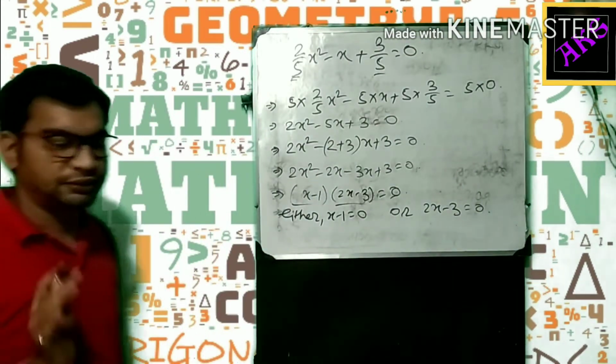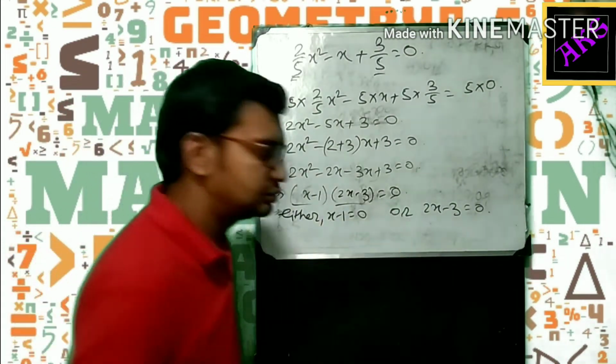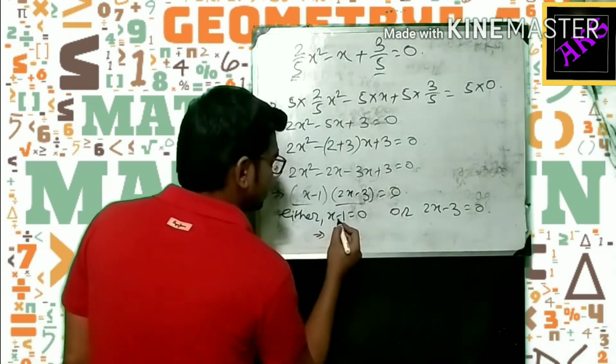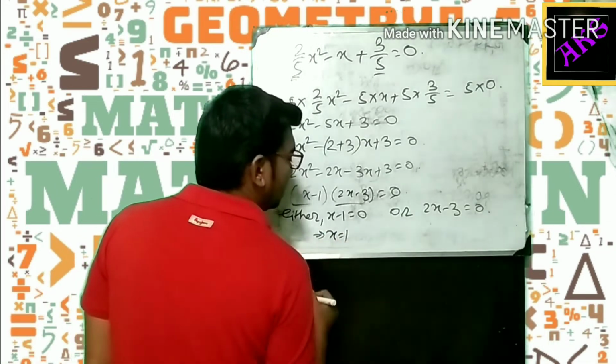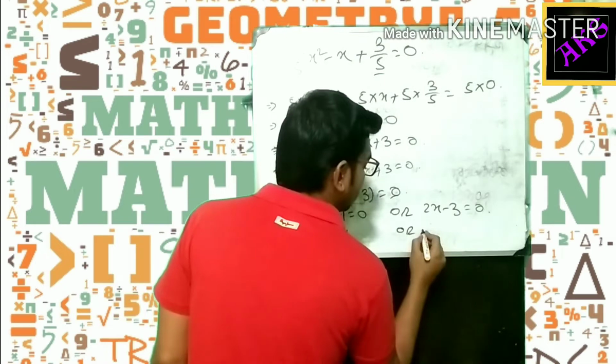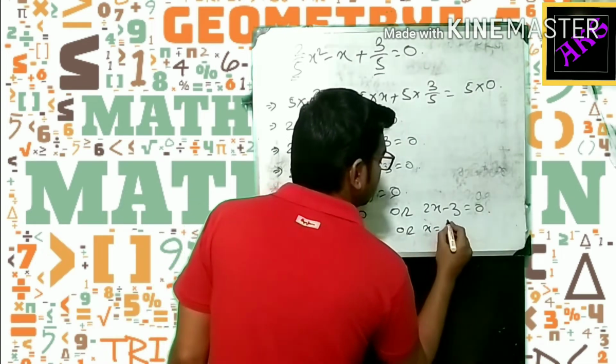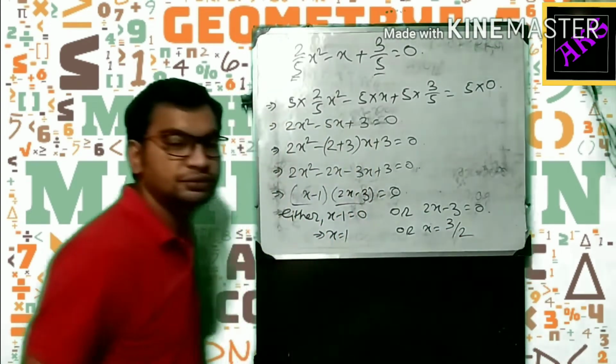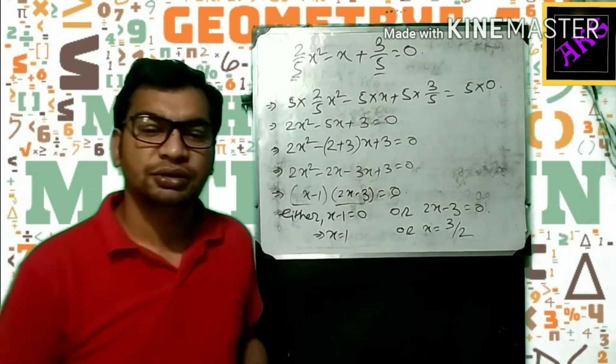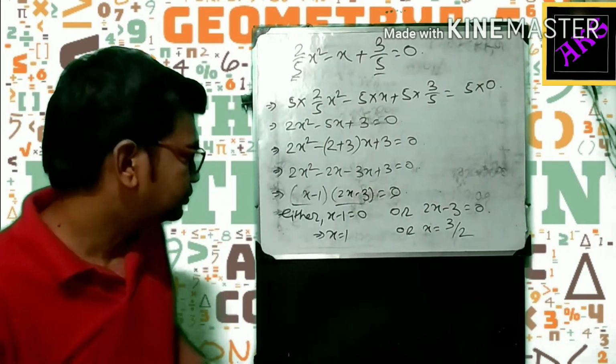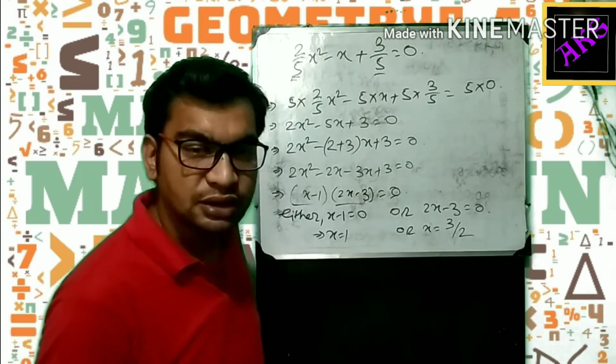Now the fifth step is solving these two simplest ones. If we solve this, we get x equal to 1, or here we get x equal to 3 by 2. So this is our solution.